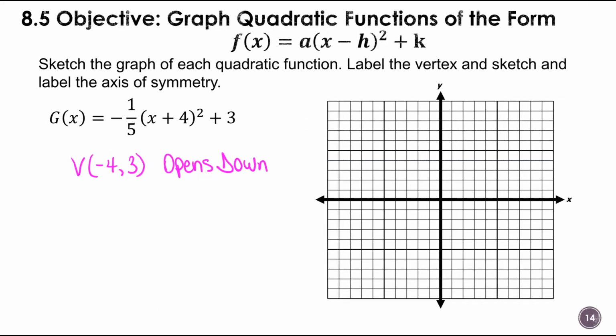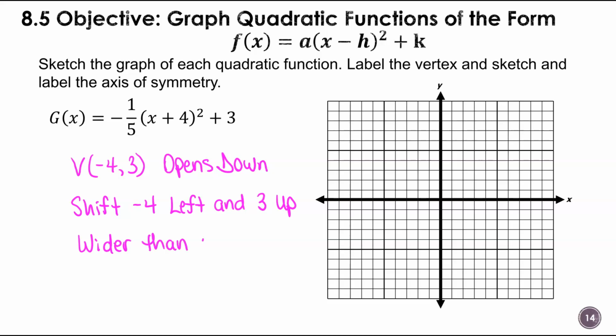It's going to have a shift of 4 to the left, and 3 up. It's going to be wider than our parent graph of y equals x squared, or y equals negative x squared. You can look at that that way too.